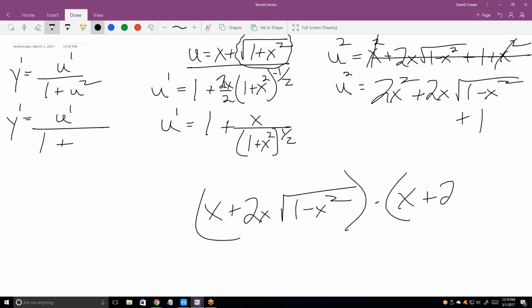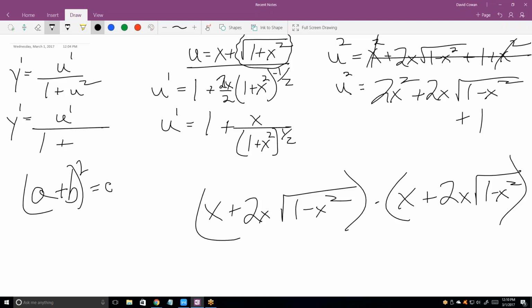Here's something really worth knowing: (a plus b) squared is always a squared plus 2ab plus b squared. So whenever I'm squaring a complicated term like this, I would rather use this, where a is x and b is this.